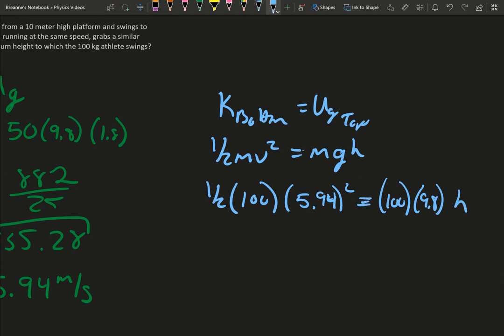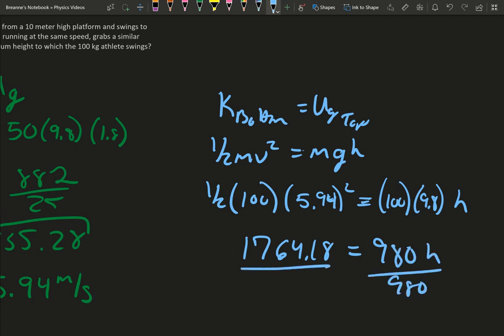So you get 5.94 squared times 100 divided by 2 gives you this answer over here. And then 100 times 9.8 gives you that. You divide.